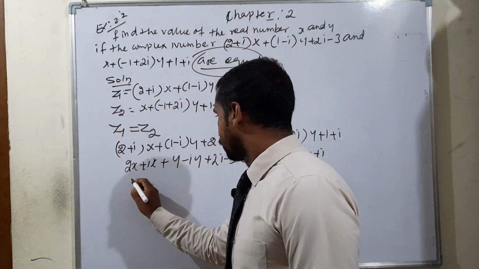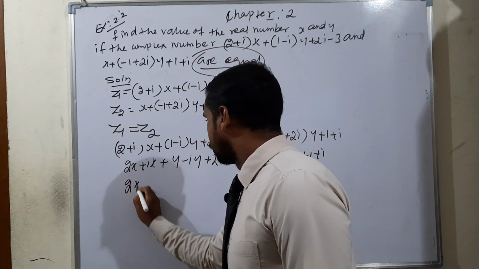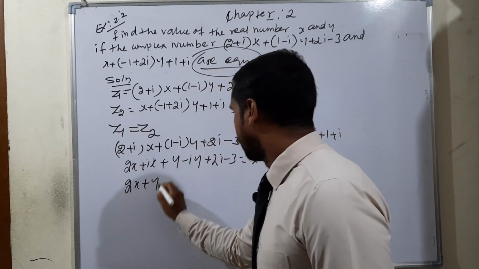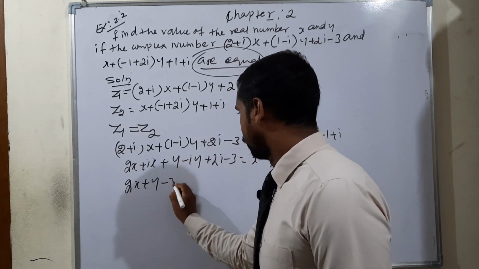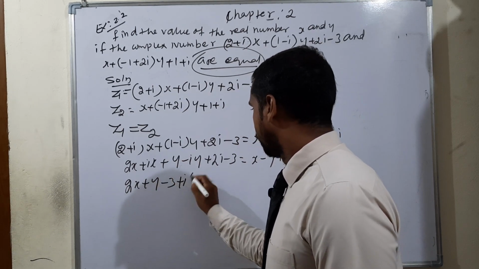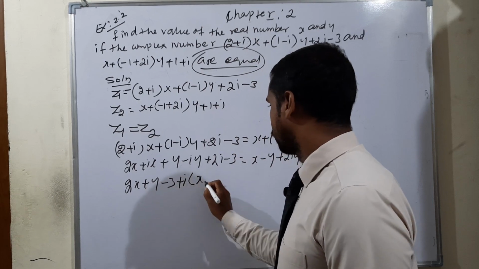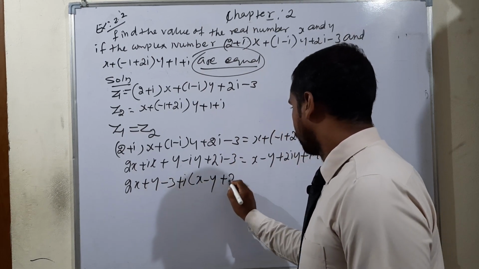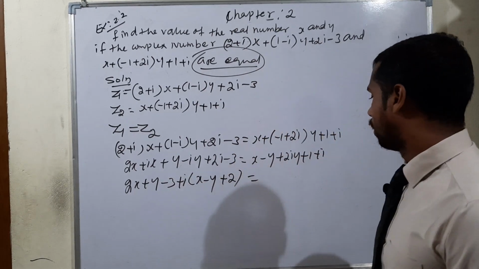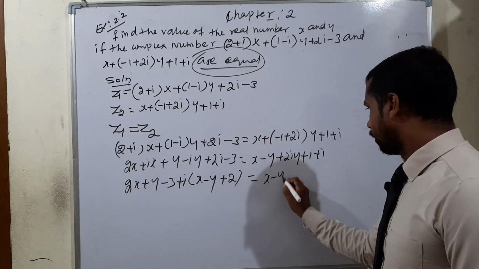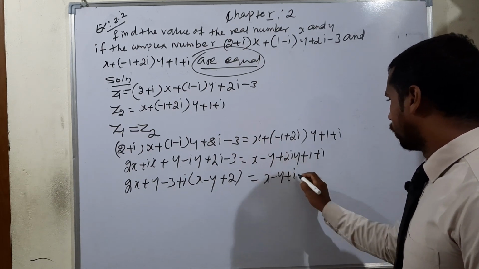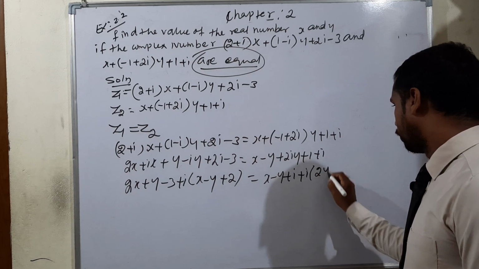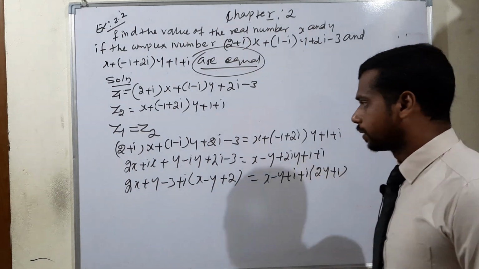Then separate the real terms: 2x plus y, then minus 3. Next, plus i take common outside: x minus y plus 2, is equal to the opposite side x minus y plus 1. Again, plus i take common outside: 2y plus 1.